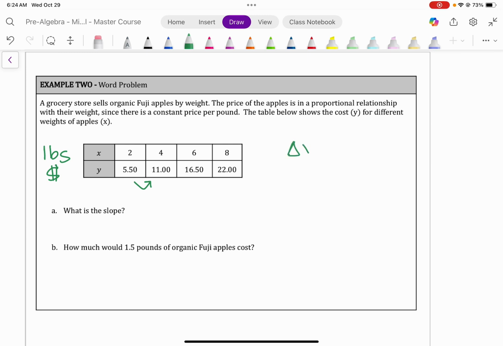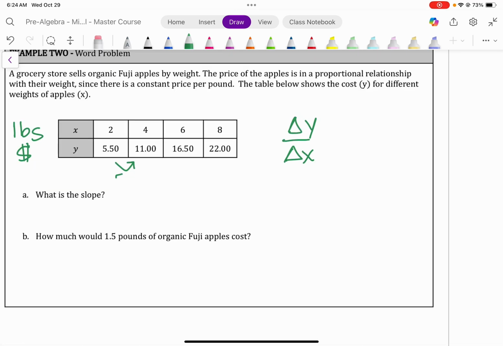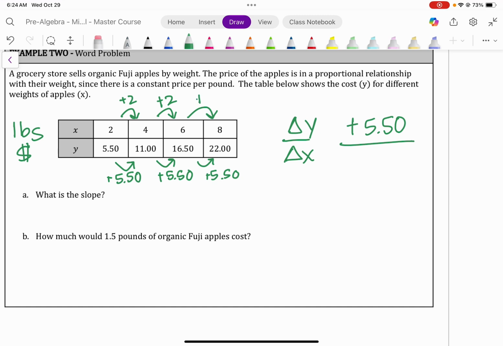Let's see how these values change, because we need to find the change in y over the change in x. These y values go up by $5.50. Those are increasing by $5.50 each time, so positive $5.50. And the x values, to go from 2 to 4, you're adding 2, adding 2, adding 2.